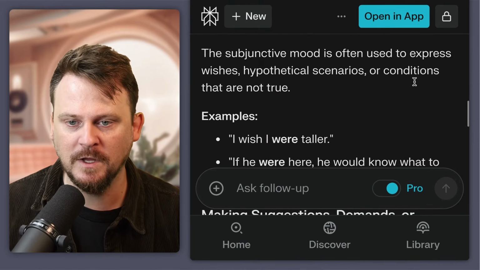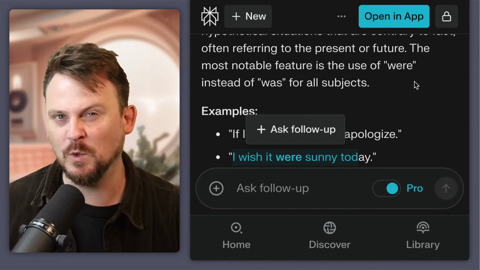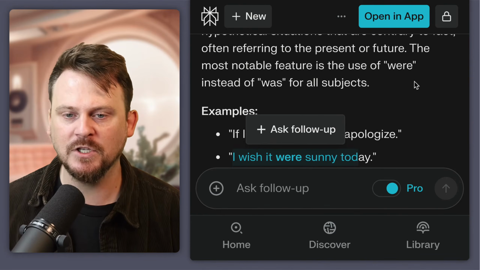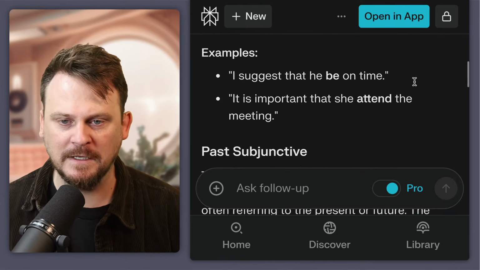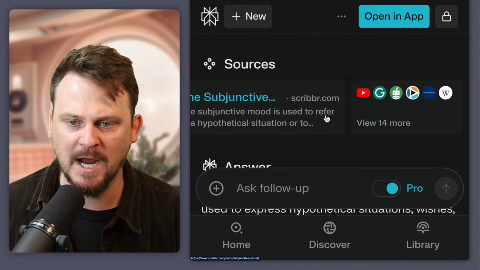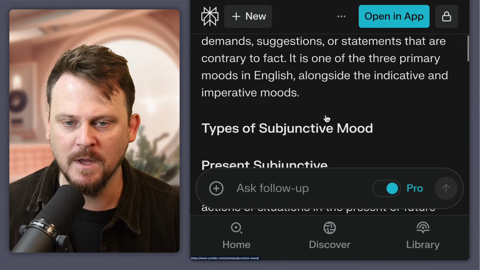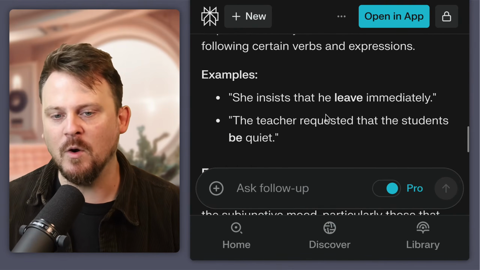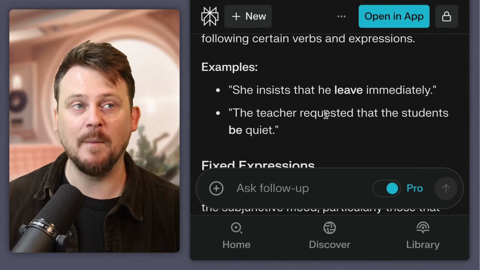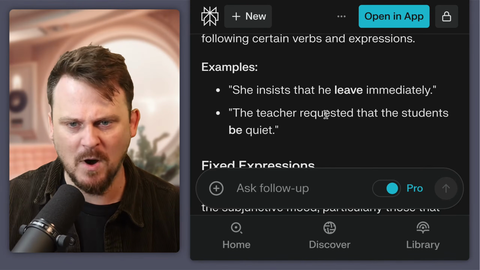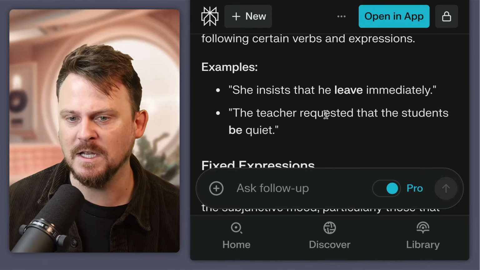So it's just a really interesting tool to get these sort of more in-depth answers on things, in-depth explanations. And the other useful thing is that it comes with sources, right? So you can check out the sources and the things behind it, so you know it's not making it up. Because right now, ChatGPT, for example, can provide some really good explanations and information. It would probably give a very similar answer to this.